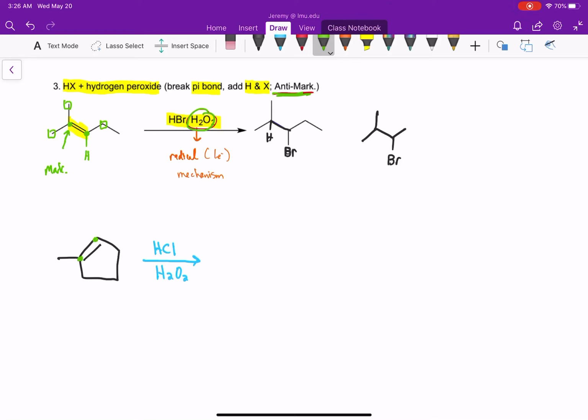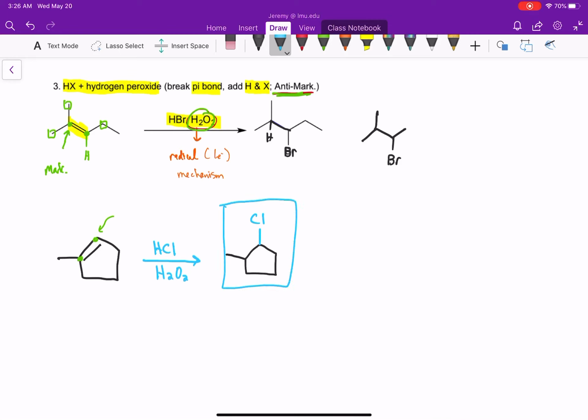In this case, the carbon on the top has a hydrogen. It's less substituted. So because we're going to be following the anti-Markovnikov model, that means we're going to be adding our chlorine to the sp2 carbon on the top. So that would be our final product in this case, all right?